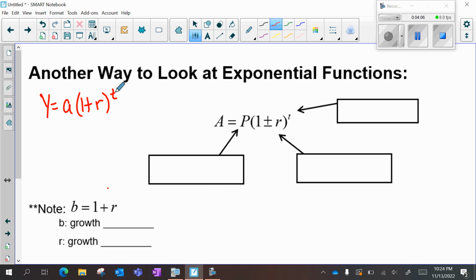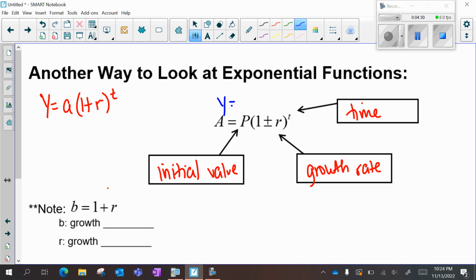I have it written as a equals p(1 plus or minus r) to the t, but it's the same idea. So p is my initial value, just like a was. R is my growth rate, not a factor this time. And it's very important that we understand the difference. And t is still my time.